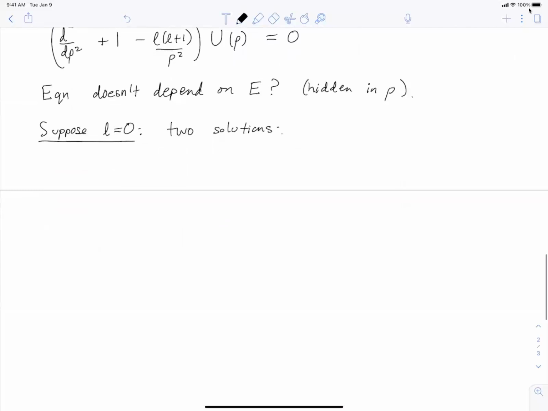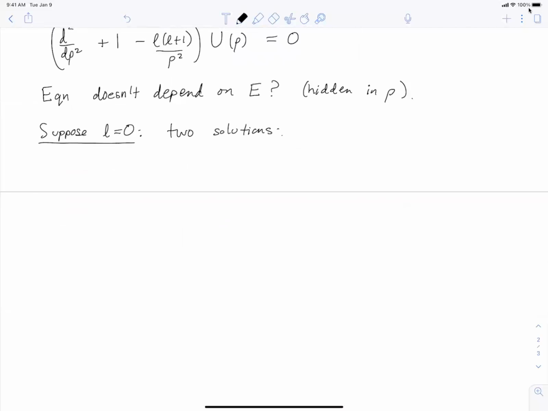One of them, I'm going to call it u sub 0 of rho, is going to be cosine of rho, and the other one's going to be sine of rho. Both of those solve the equation.